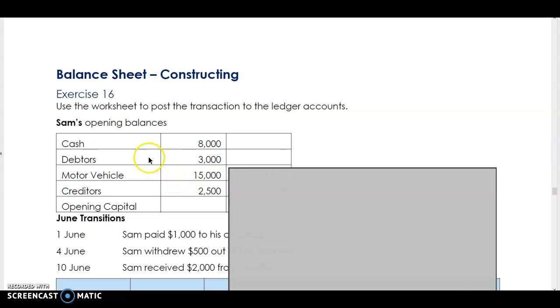And from here we can see we have cash, which is an asset account, debtors, also an asset account, motor vehicles, a non-current asset account, and creditors, a liability. To calculate our opening capital, we need to add up all our assets, total assets minus liability equals our net assets or our opening capital.